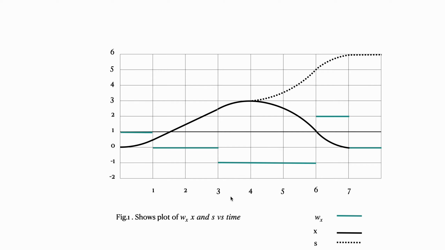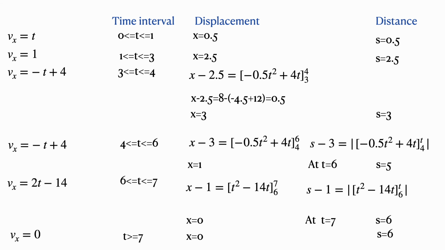Similarly, we can plot for the displacement, which is shown by the black line, and the dark dotted line shows the distance. So the value of displacement is shown for the different intervals, and the function value is the integral with respect to time. So this function of time should be taken care of while plotting to get a more approximately equal curve.